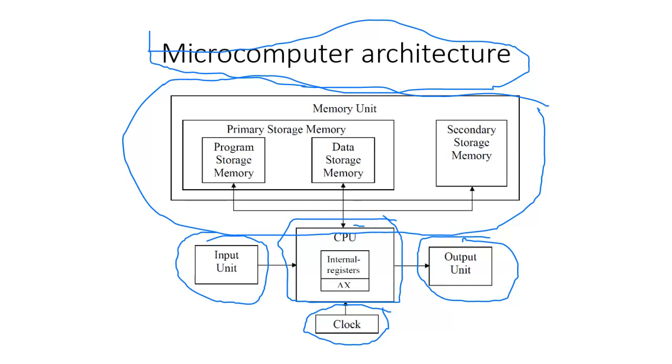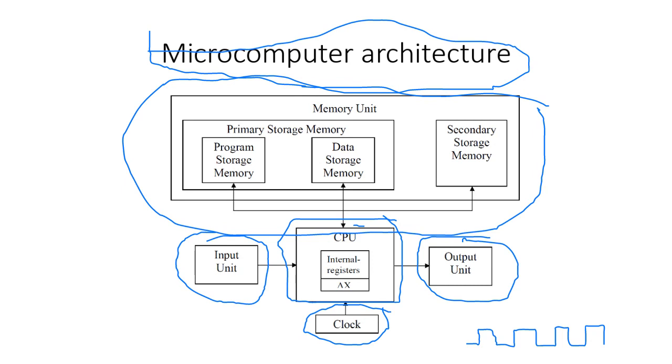Now the clock frequency is in gigahertz. This is like a clock pulse. If the frequency of the clock pulse is higher, that means the operation of the microprocessor is going on very fast.